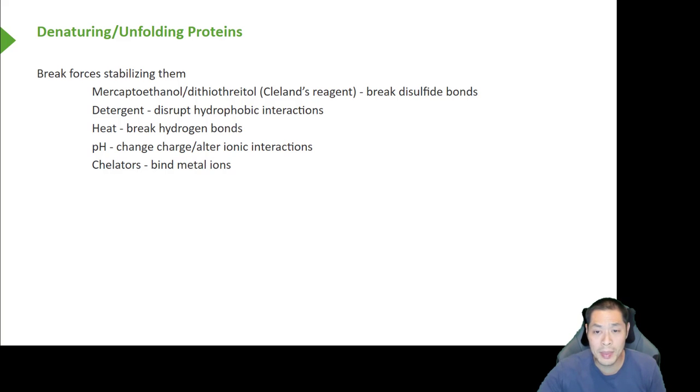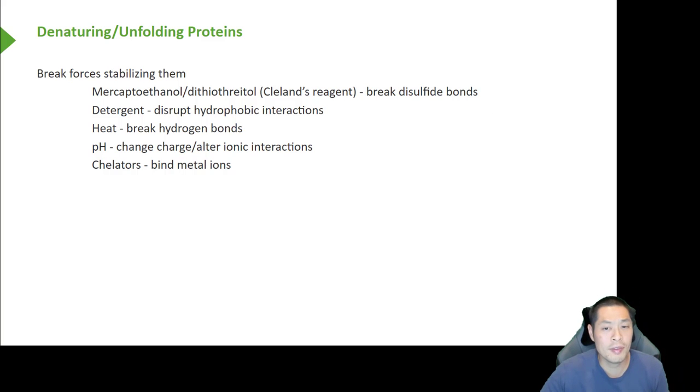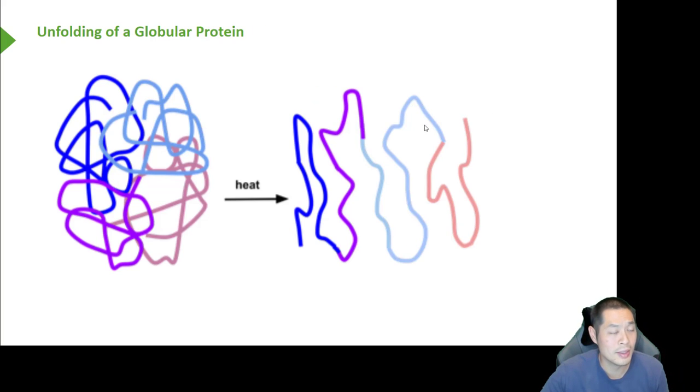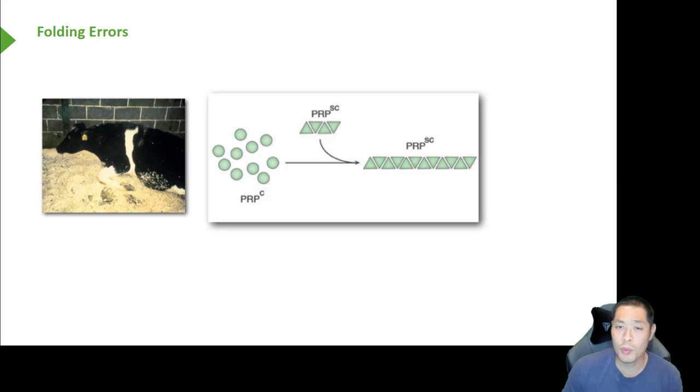Here are kind of some examples. Now, the really scary part is these are if proteins are folded correctly, and then ways to break it down. What happens if a protein is folded incorrectly? So prions, kind of what made mad cow disease, is a protein that's folded incorrectly. If you just have one, it's not a big deal.